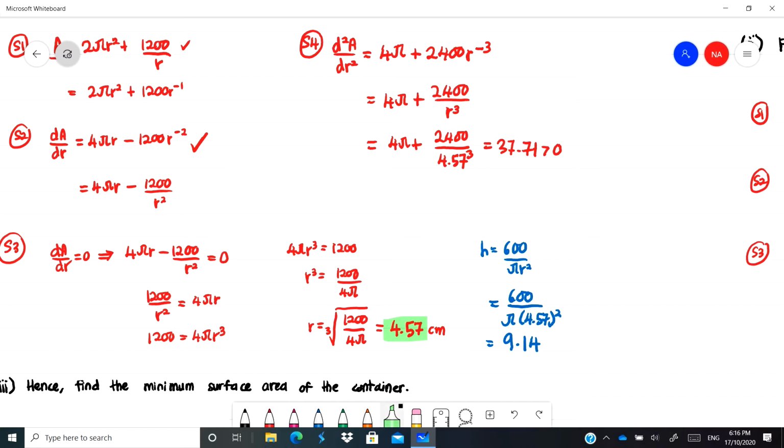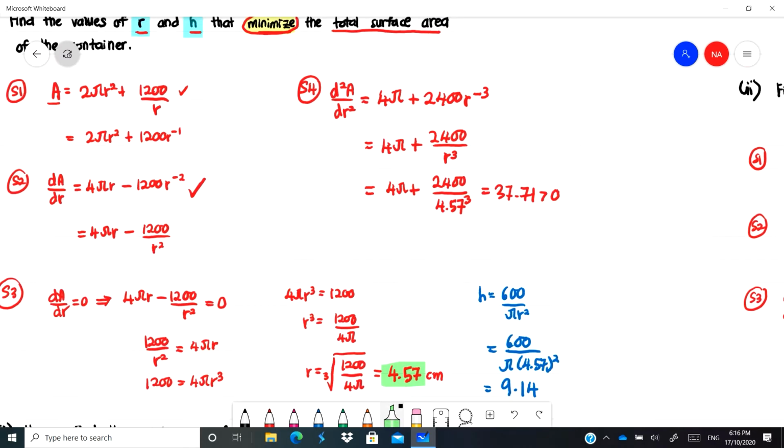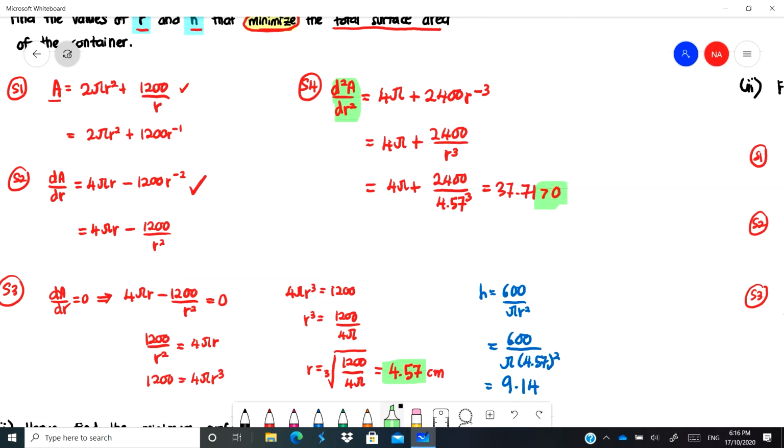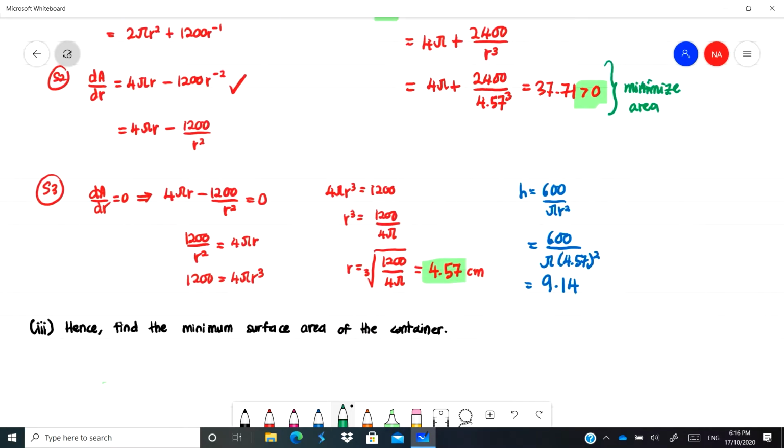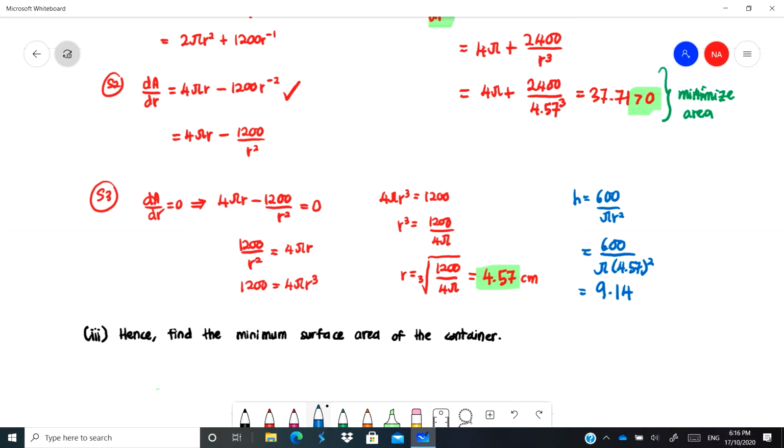So we note that if the d square A over dr square, the second derivative, is greater than 0, we can make the conclusion that it will minimize the area. So we'll just write properly: therefore r equal to 4.57 cm and h, which is given by 9.14 cm, will minimize the area.